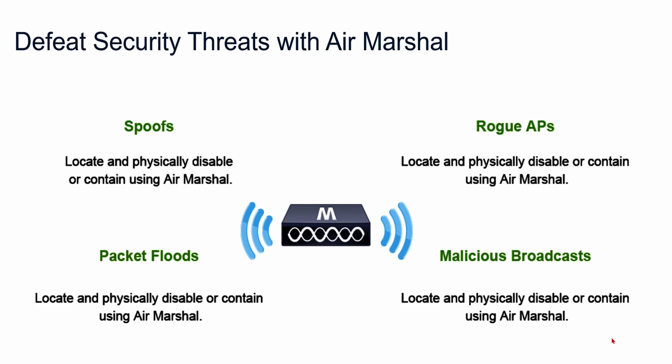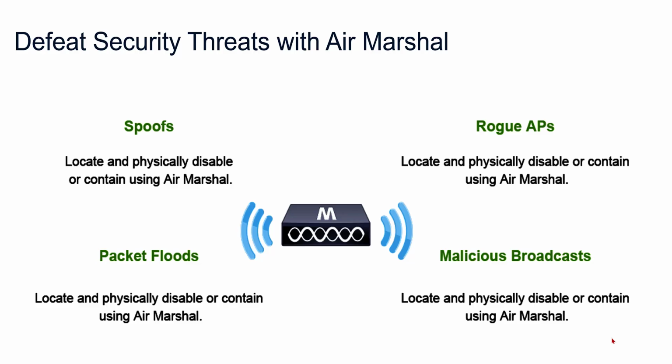All right. Packet floods, usually volume based, so deauth floods, probe floods, etc. We can certainly use the dashboard to identify the source of those floods, maybe the MAC address. And then if it's a misbehaving client or maybe a malicious tool, we can isolate it down to a switch port or do some sort of client blocking. But ultimately, we need to locate and remove the source device. And then lastly, malicious broadcasts, some sort of denial of service, RF-based attacks.